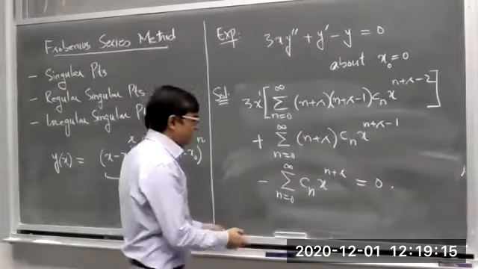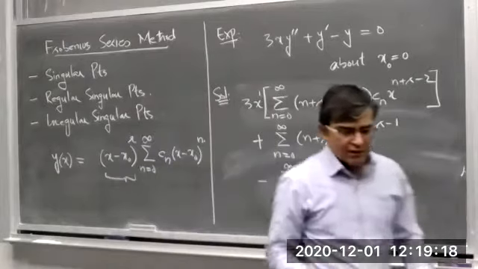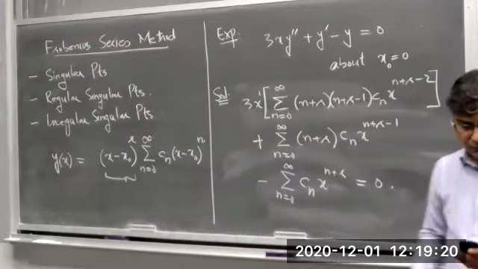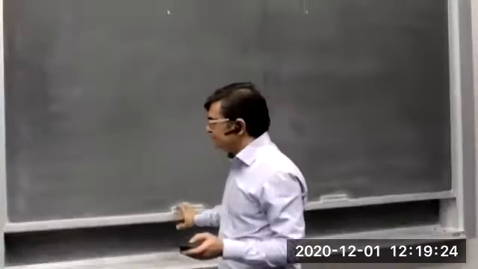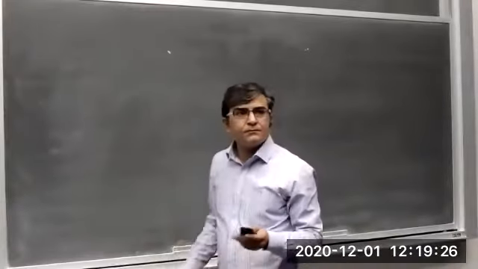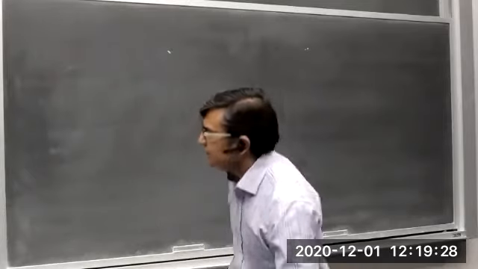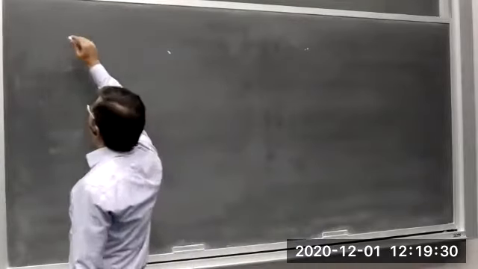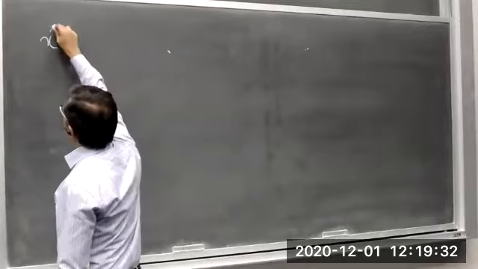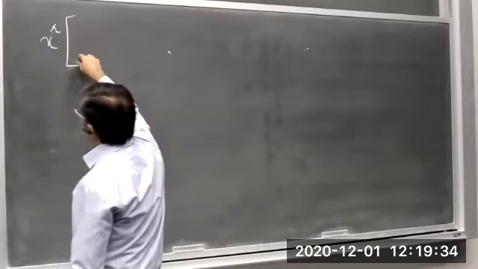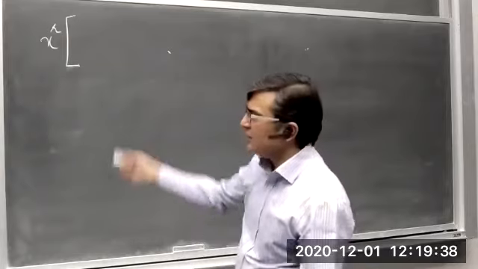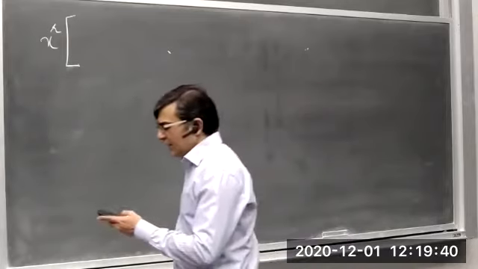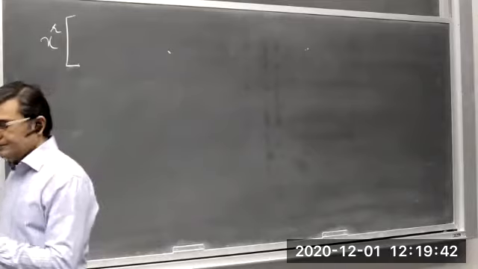In the next step, let me go over the other board. This one. Okay. Now we can further write that thing x power r. We can take that common because x power r comes in each term of this series.